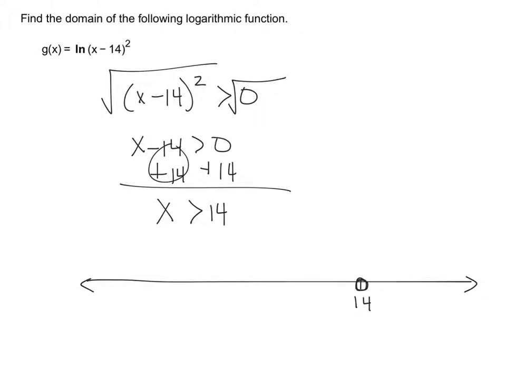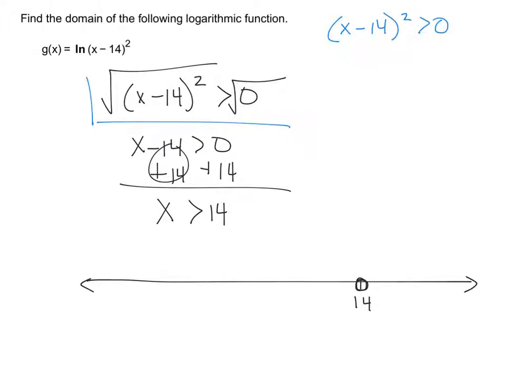Since this is a polynomial inequality, then I have to create two intervals on a number line and then have test intervals to make sure that both of those intervals will work within this inequality, which is x minus 14 squared is greater than 0.